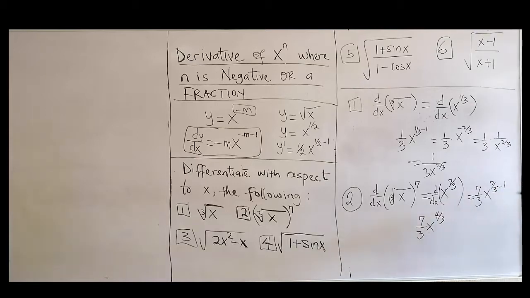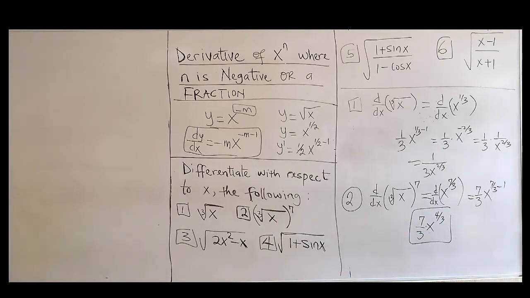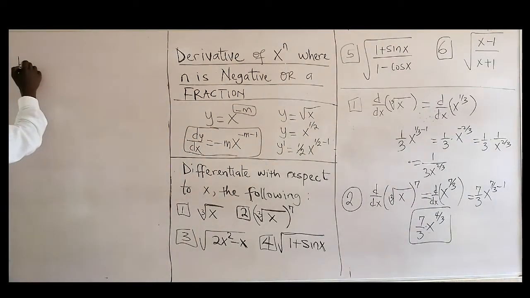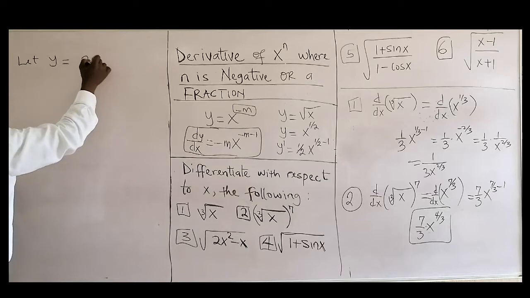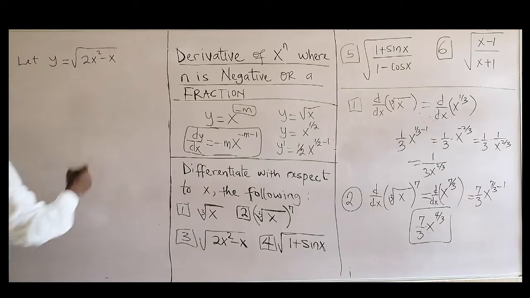If you do the 7/3 minus 1, that will be 4/3. So that's that on this case. Then we go to question 3. Question 3, we have, if you like, you can give it, let y be equal to what? 2x squared minus x.